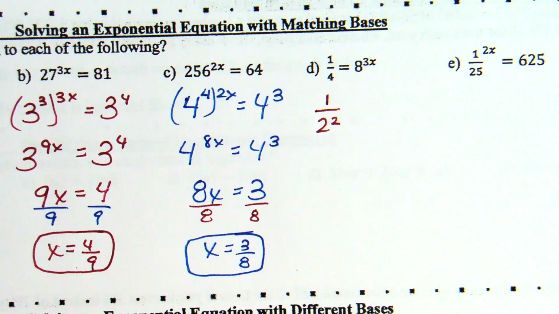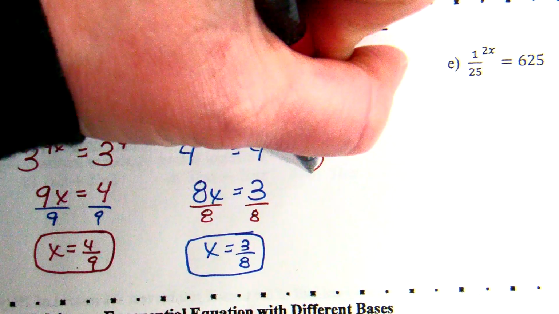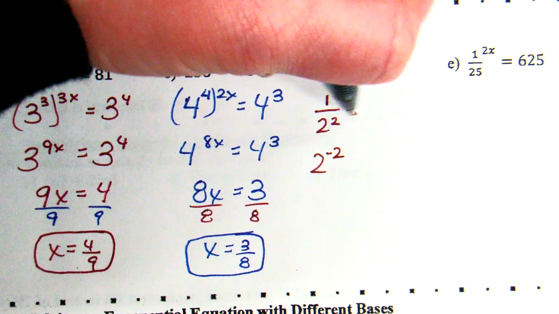Long term, am I going to be able to leave that as a fraction, though? No. How do I take an exponent out of the denominator of a fraction? Make it negative, right? We've done this before. So 1 over 2 squared is also the same as saying 2 to the negative 2.